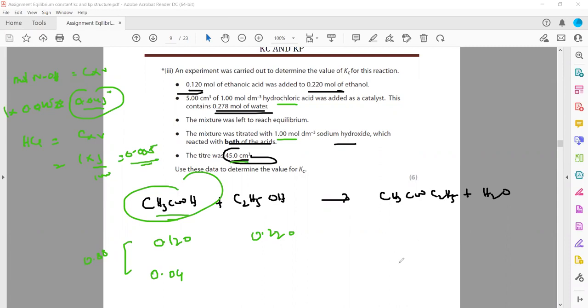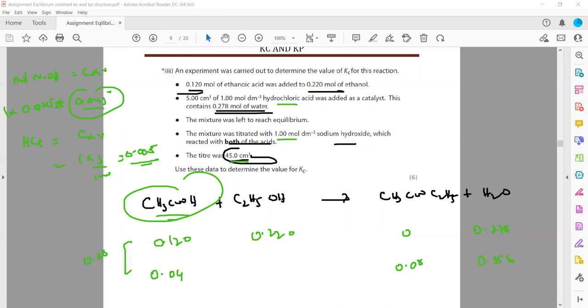So using the ratio, 1:1 is the mole ratio, we'll get the ester moles as 0.08, starting from 0. And the water initial moles were 0.278, so we add 0.08, and it will be 0.358.